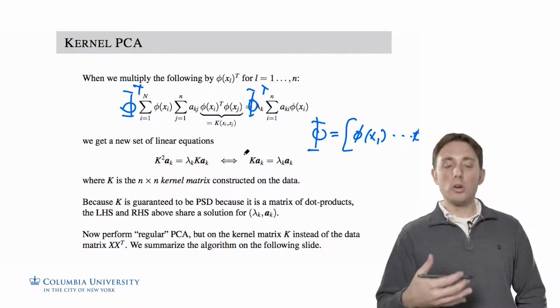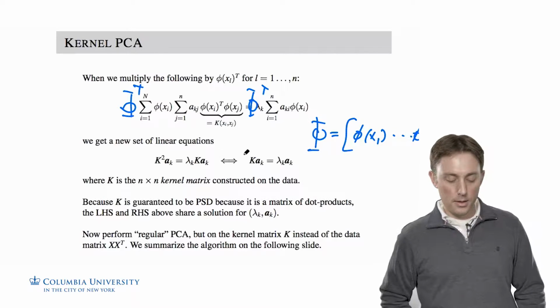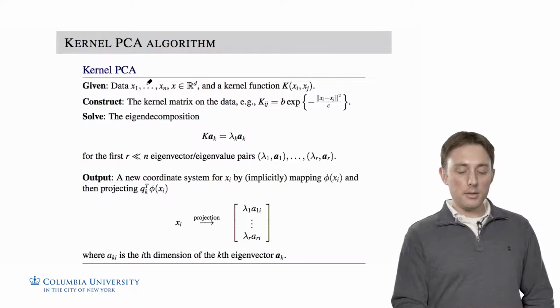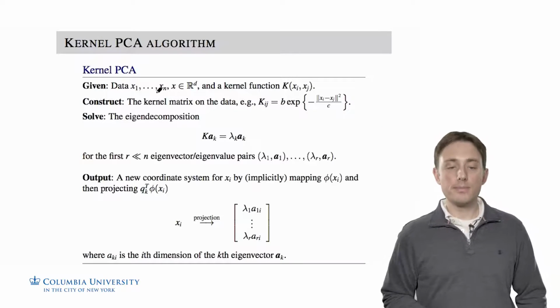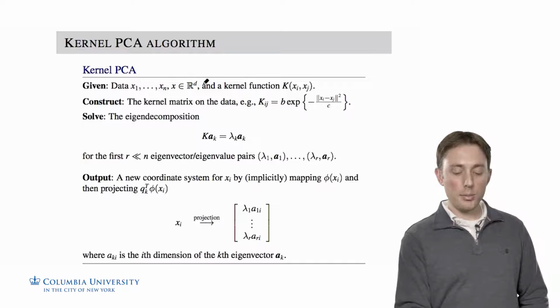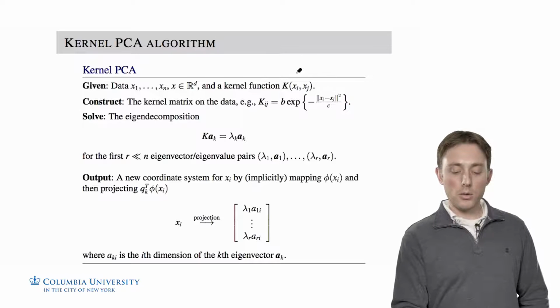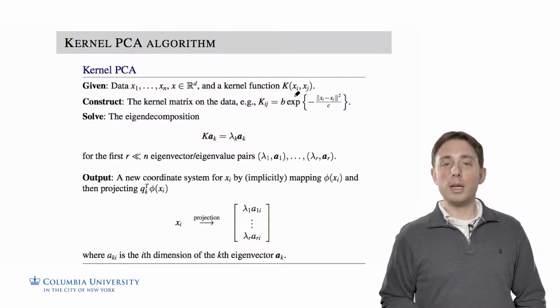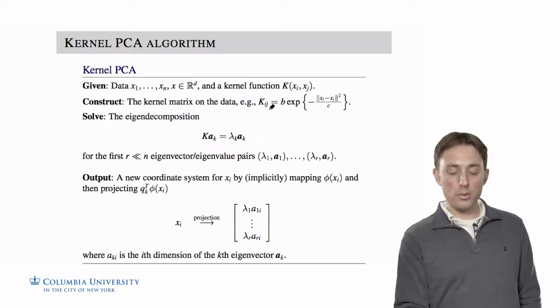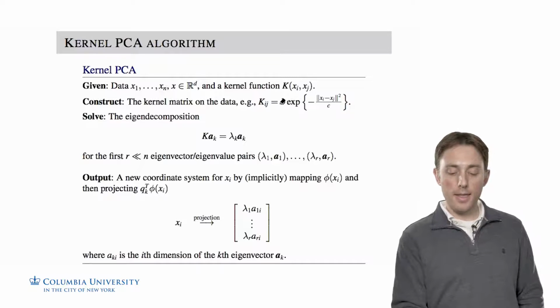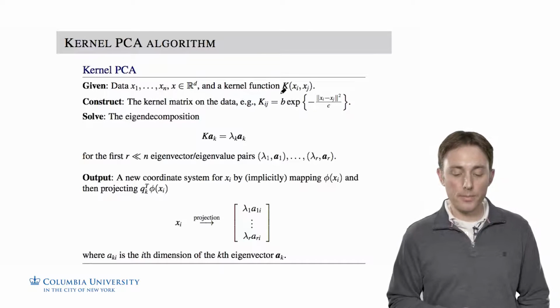So in short, what kernel PCA does is it takes in the data, x1 through xn, so our n data points, each one is in R^D. It defines a kernel function between all the data points. For example, the Gaussian kernel could be this one, so Kij would be the kernel between observation xi and xj, which is equal to this equation here if we use the Gaussian kernel.